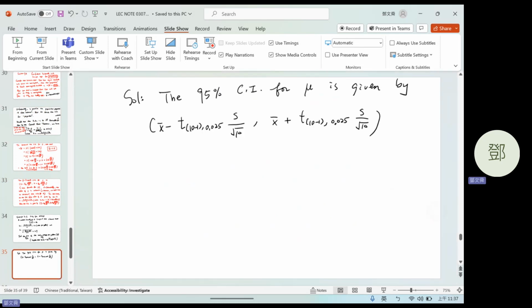So here it is. And so is this. And here it is 2.7. And here it is 22.